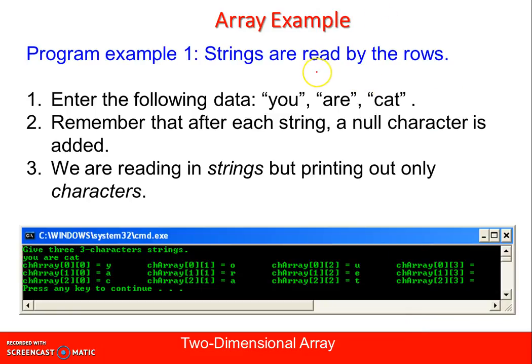There is an example wherein we are going to store these 3 values, u, r and cat, in the program. Remember that after each string a null character is added. So we are reading strings here but printing out only the characters.